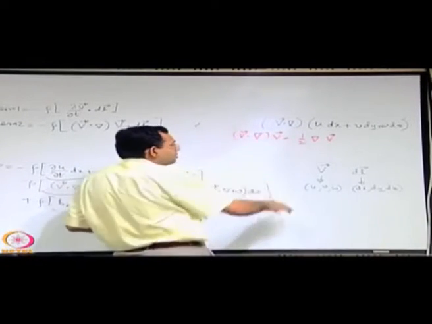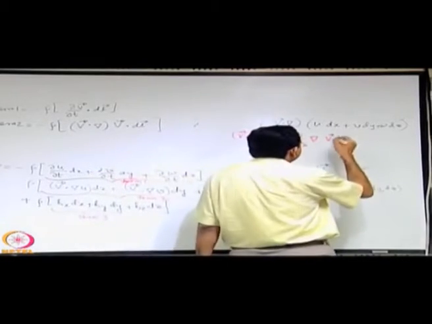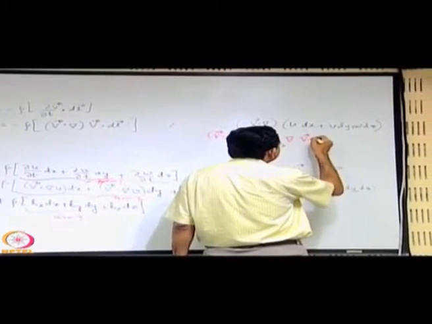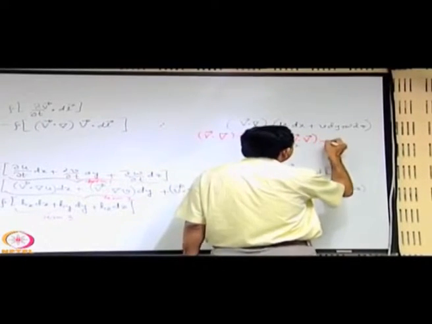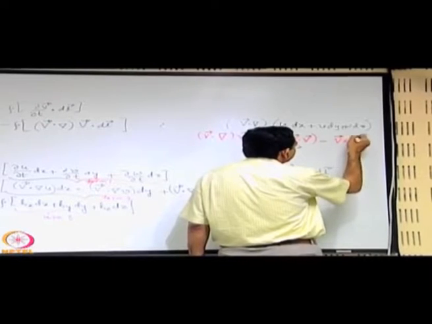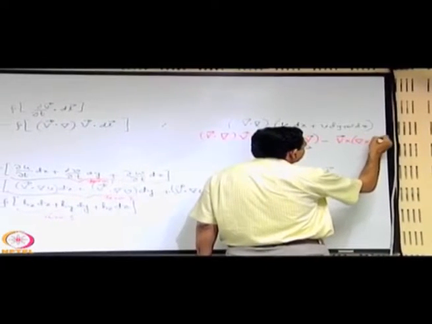I mean, still this is not complete, so let us tentatively write it. This is a very well known vector identity.